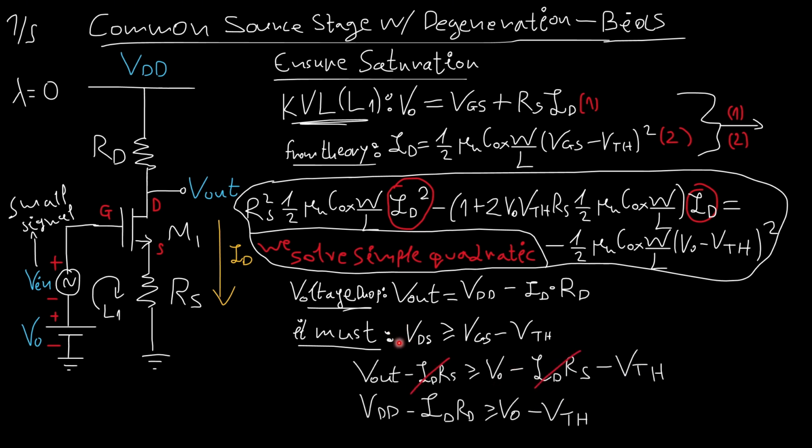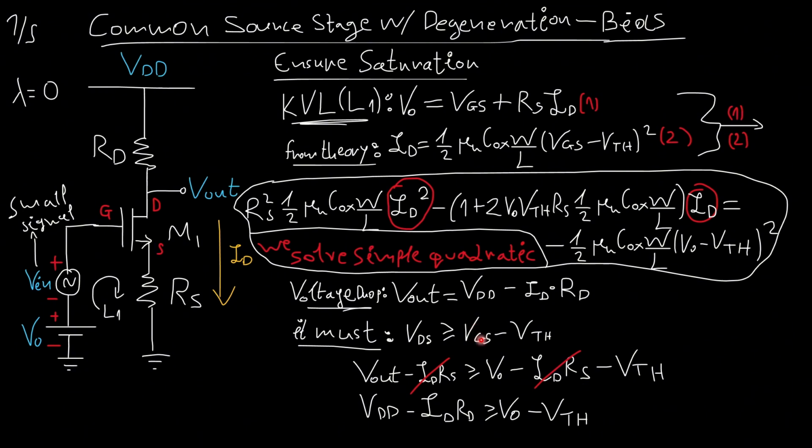How much is VDS? Well, VDS is V out minus the voltage drop here. Why? The same as if I did a KVL here, or if I look at it logically and say that V out is composed of this voltage plus this voltage, all right? So it's V out minus ID RS.